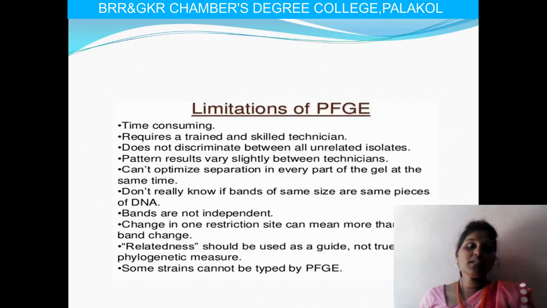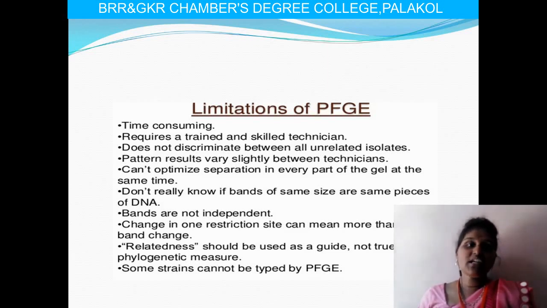The next one is the limitations of pulsed field electrophoresis. We do not really know if bands of the same size are the same piece of DNA present in the medium or not. We cannot observe that, and that is one of the limitations.